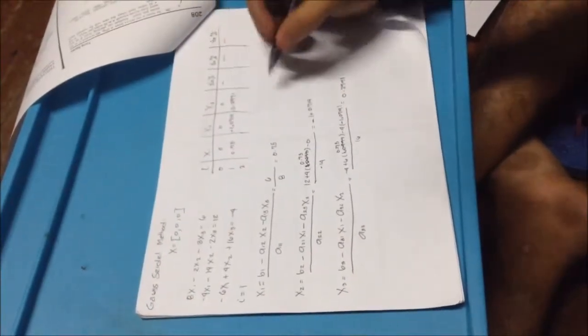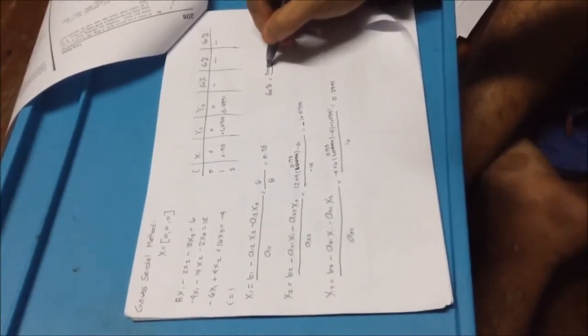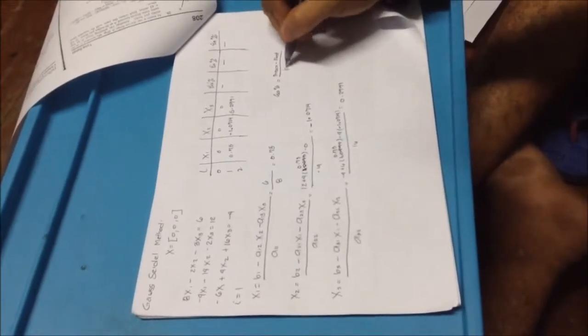0.2991. So by computing the percent error of this value, we use the formula: percent error is equal to the present minus past over present.